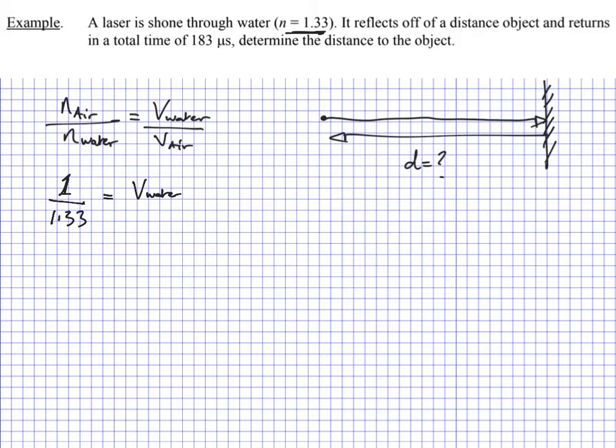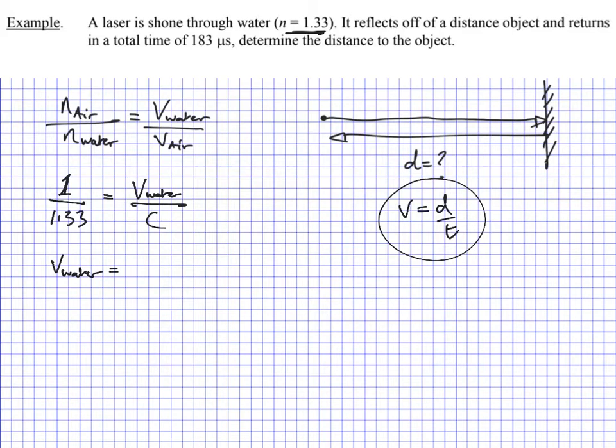I'm going to need to know that in order to solve this situation over here, over the speed of light. Okay, so let's go ahead and solve it for the speed in water.